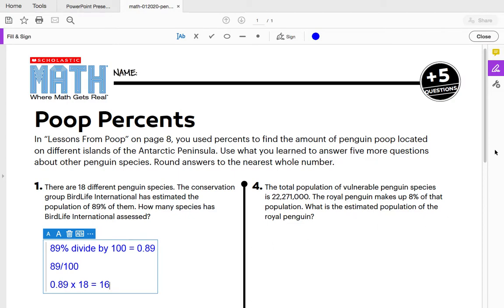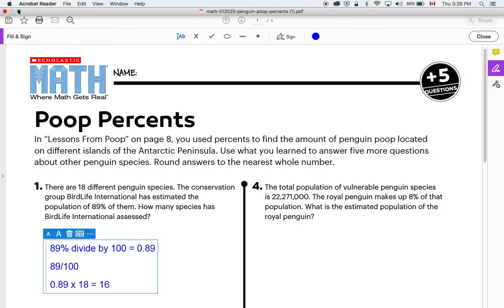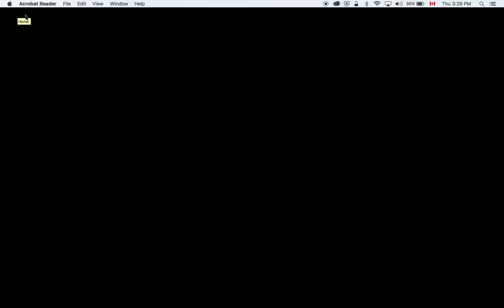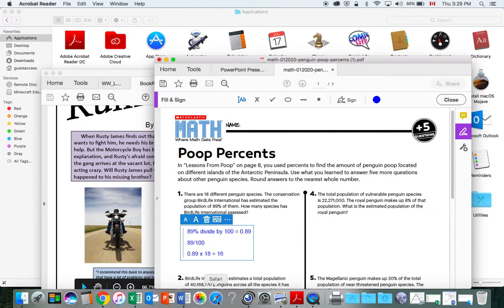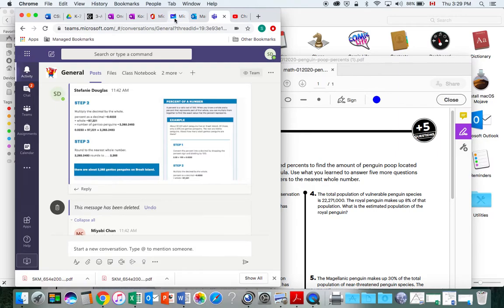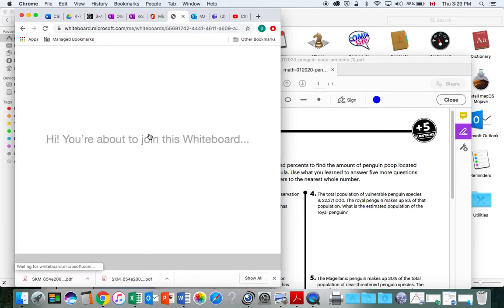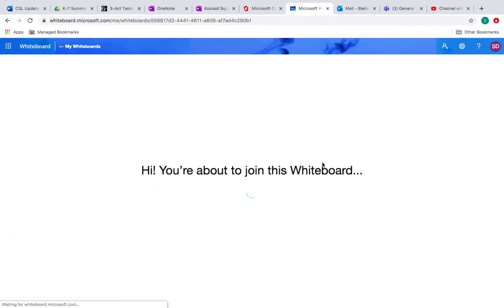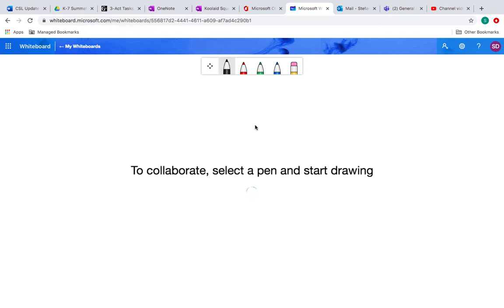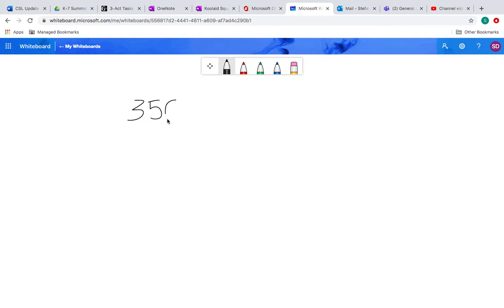Okay, so if you're on your budget project, you have to calculate it a little bit differently. So for that one, what we want to do is you're taking your money, so if you have $3,500, this is our whole.